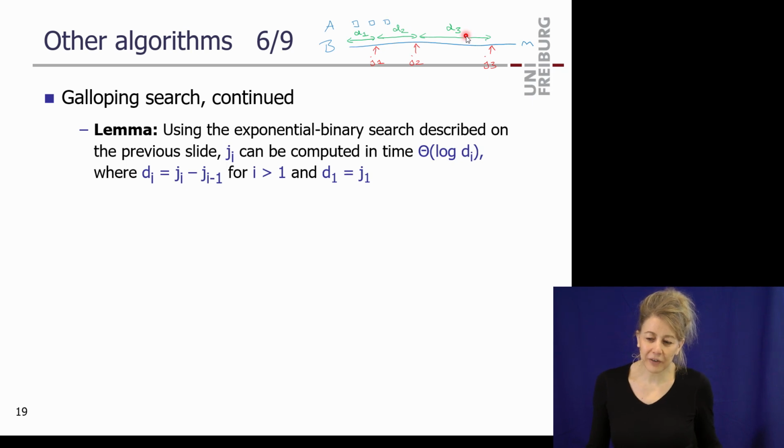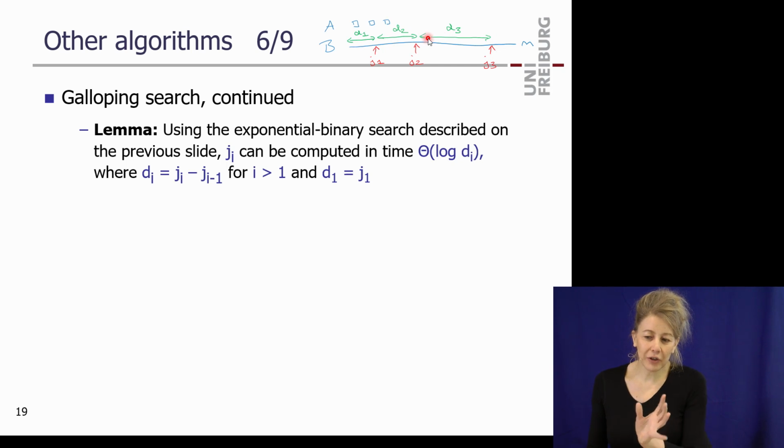And why is that reasonable? Let's just say that you do a binary search in exactly this interval of length D3. That would take log D3, right? Let's say you know that this third element is somewhere in this range, happens to be exactly to the right of it, then this would take log D3.